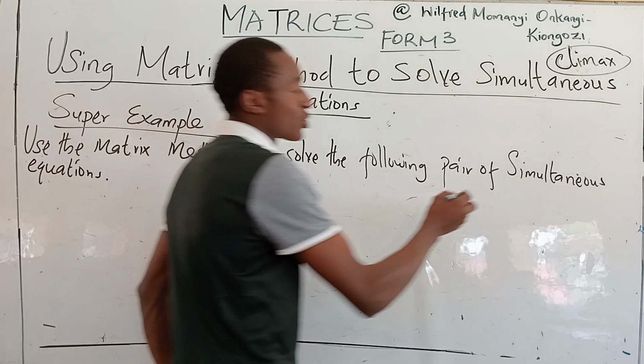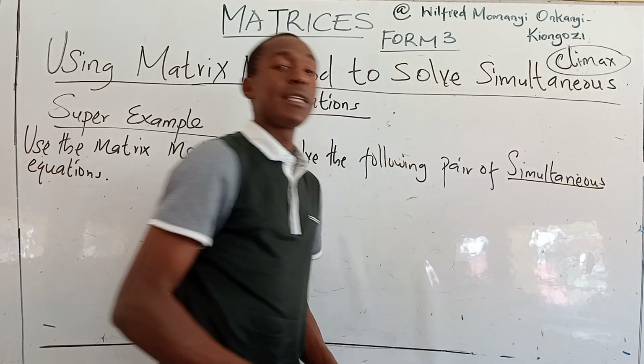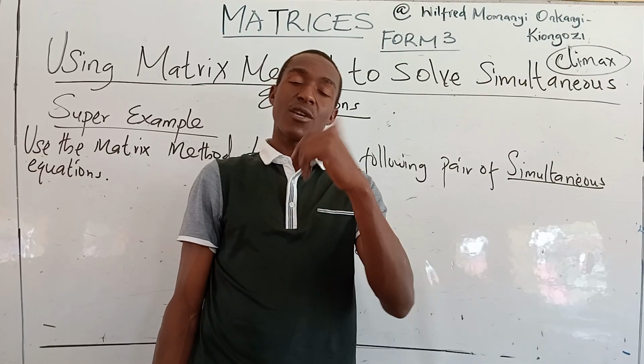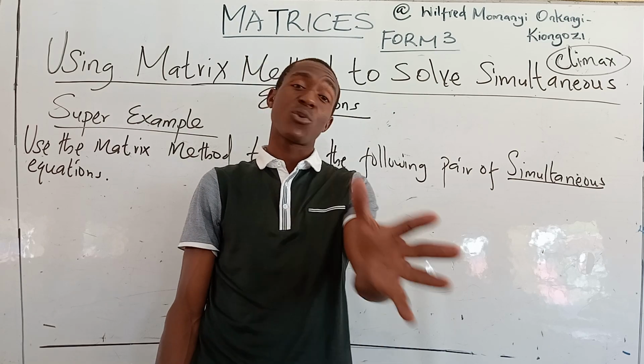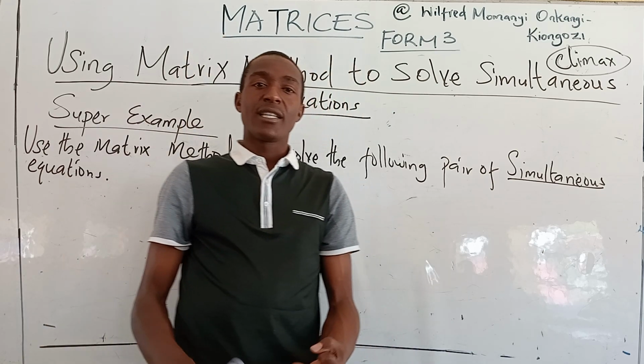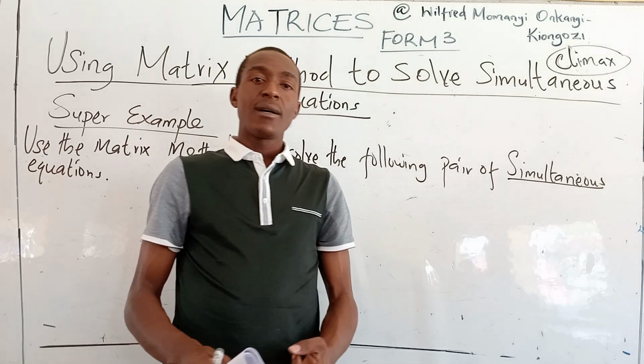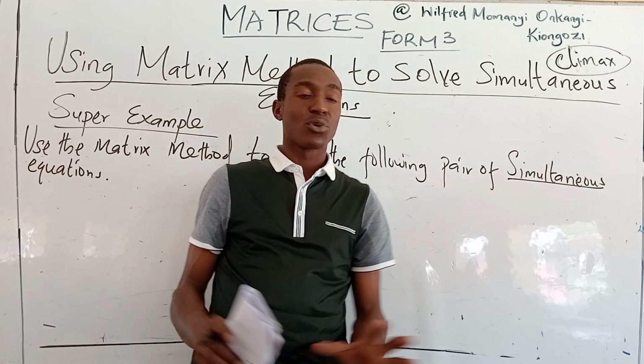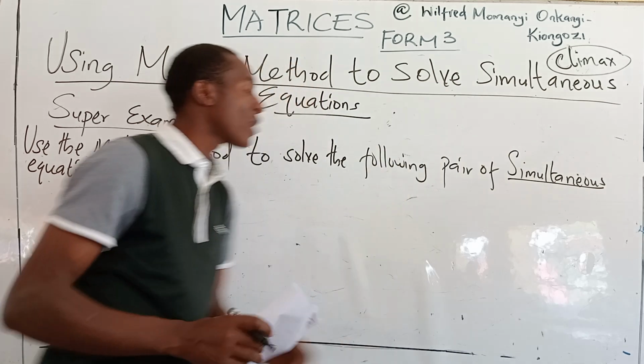Yeah, simultaneous equations, just to remind you, these are equations of 2 unknowns. We have types of equations in mathematics: quadratic equations, algebraic equations, simultaneous equations, equations of circles and such kind of stuff. So this one is equations of 2 unknowns.